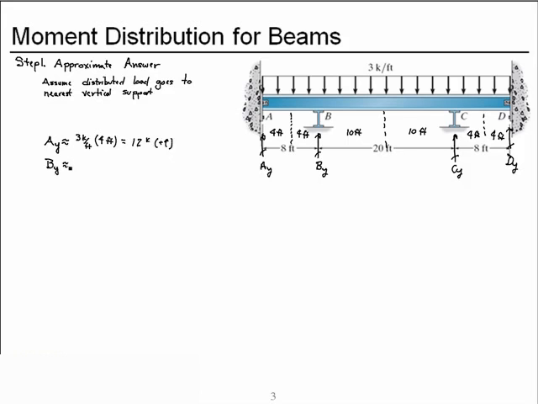BY will be approximately 3 kips per foot. We get 4 feet contribution from the AB side, 10 feet contribution from the BC side. Put those together, 42 kips.